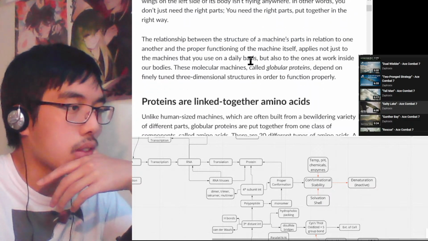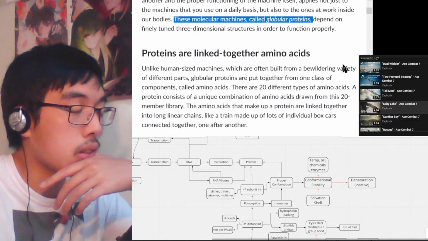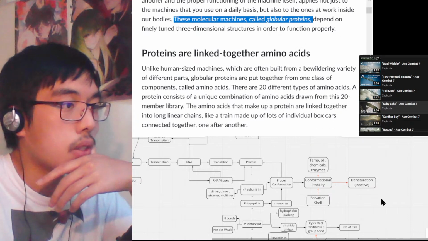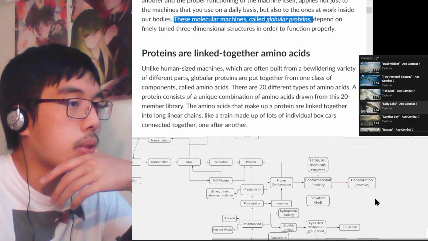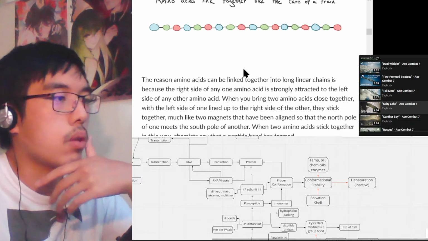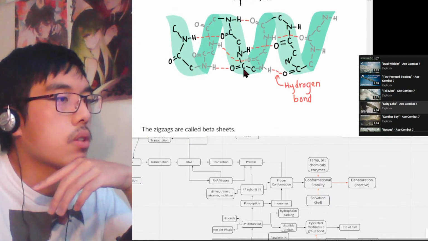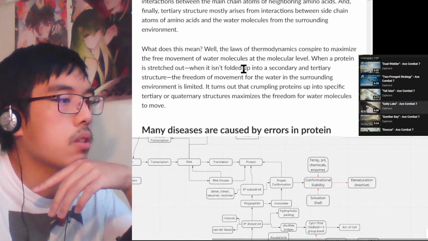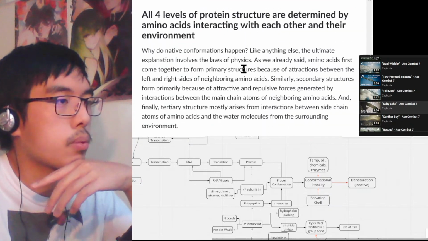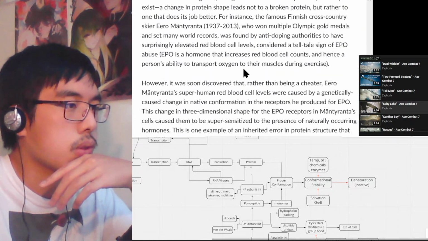So, molecular machines, globular proteins depend on finely tuned three-dimensional structures in order to function properly. So this is just the written version of everything that we just went over, I think. All four levels of protein structure interacting with one another in their environment.